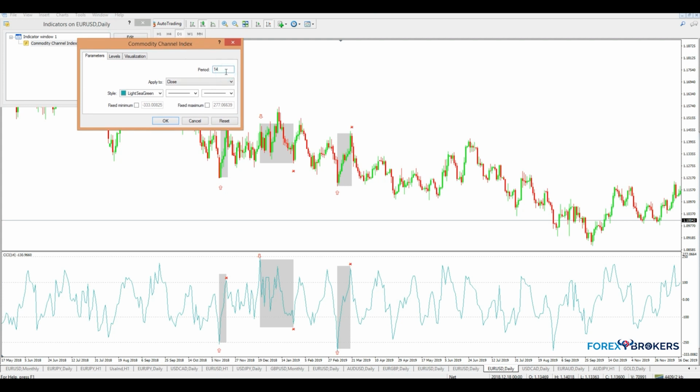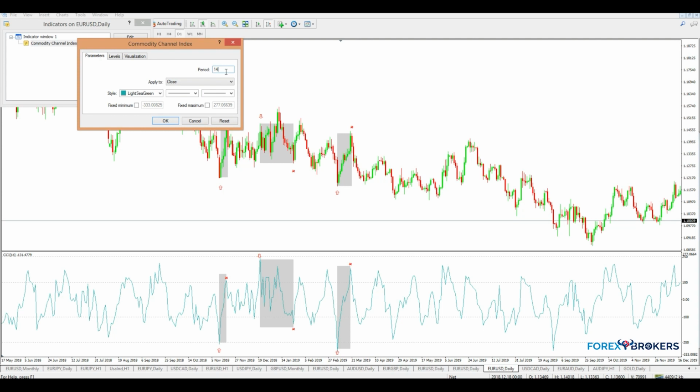Regarding the number of periods, this one also considers 14 periods, but the 14 periods refer to the time frame. So in this case, 14 days. It could be weeks, months, hours, minutes, it depends.